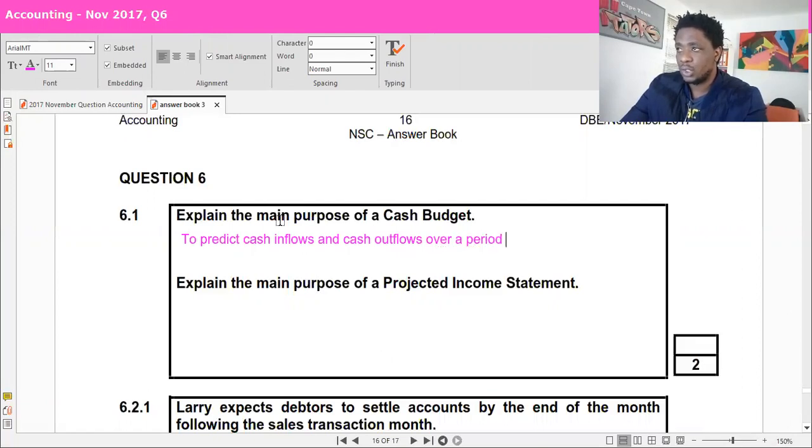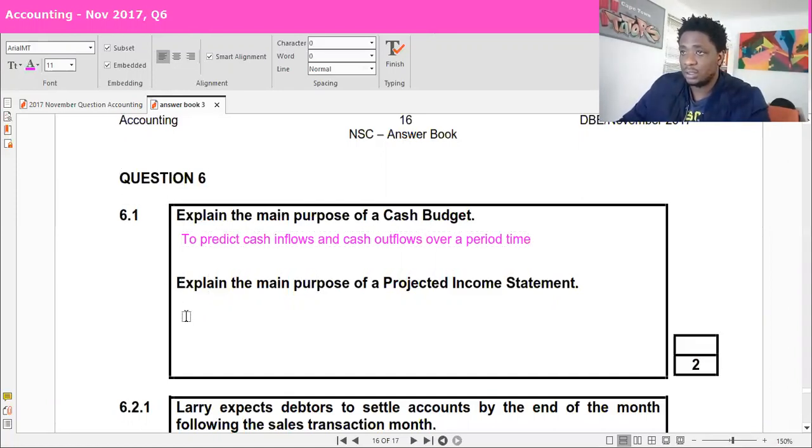So you want to know that in the next 3 months, I'll be generating this amount of money in cash, and I will have to spend this amount of money in cash, and then I'll be able to see whether I'm running a deficit or a surplus, or I'm just spending everything that I'm getting. So it is to predict cash inflows and cash outflows over a period of time, all right?